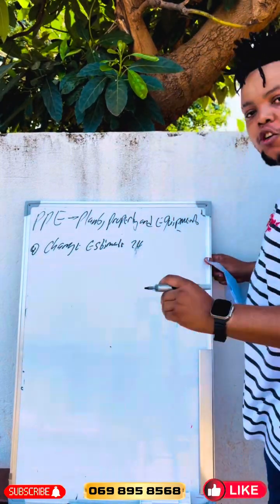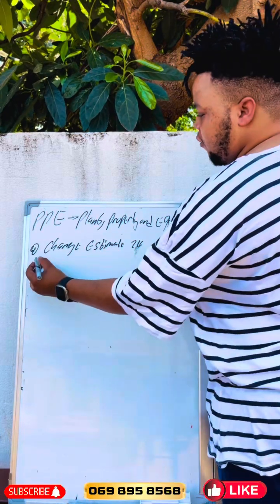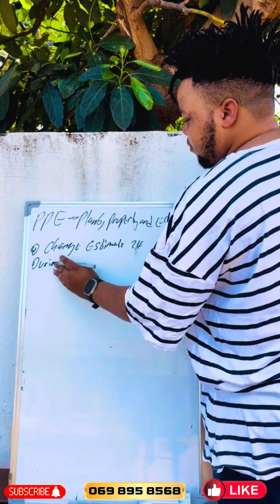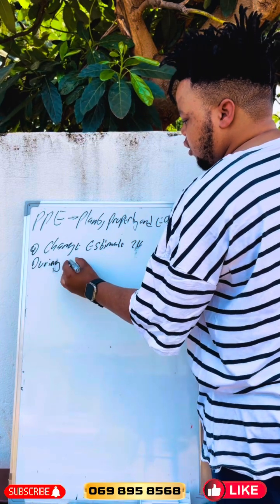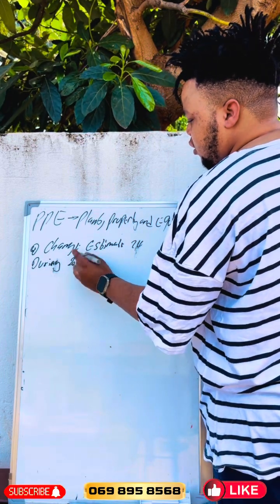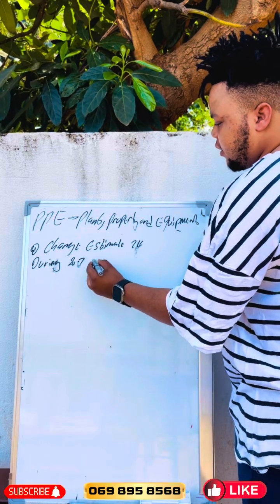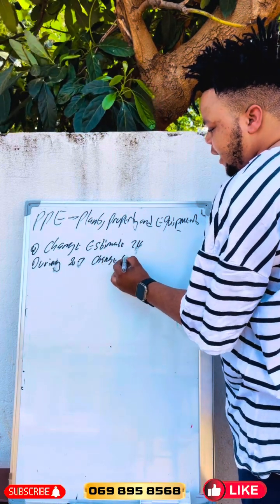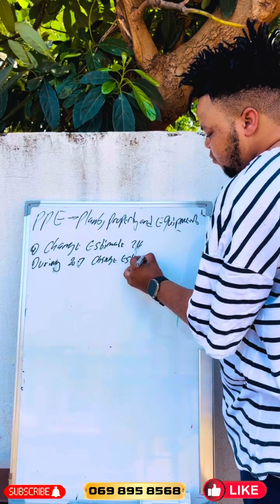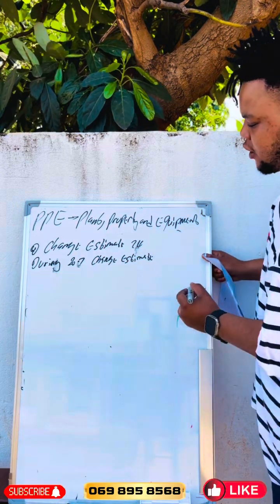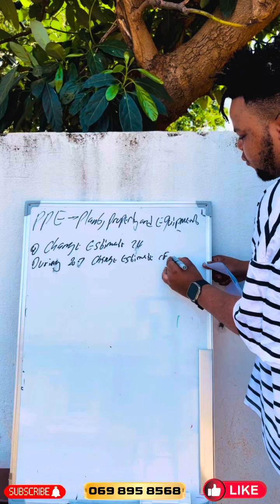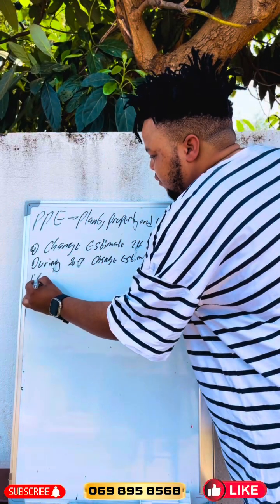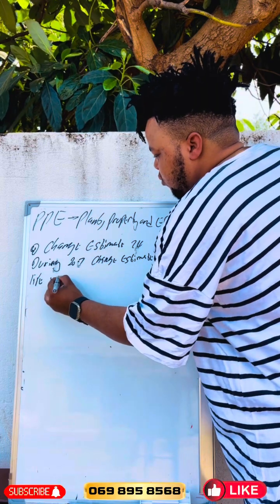What do you indicate on the note number 24? First of all, you are going to indicate that during 2017, change in estimate of useful life was what?